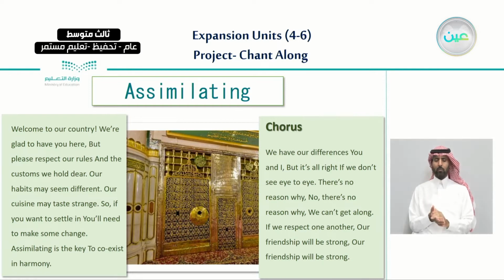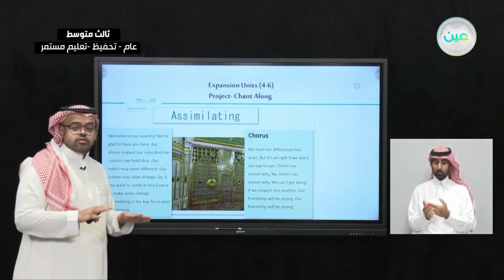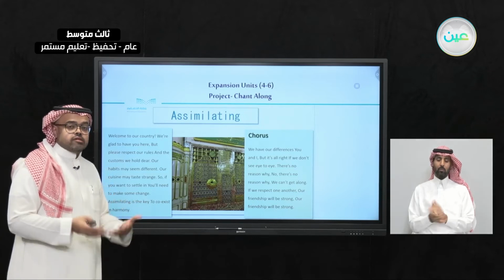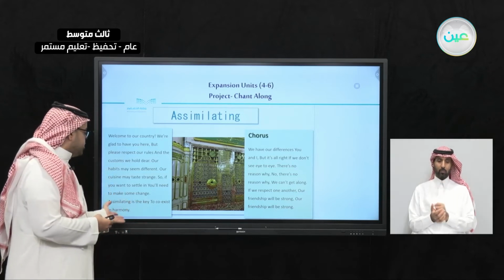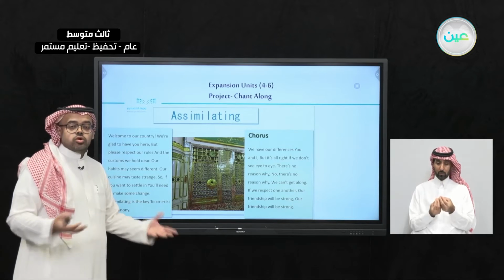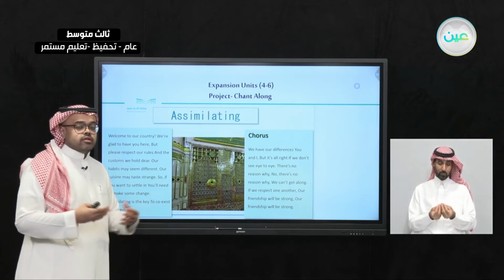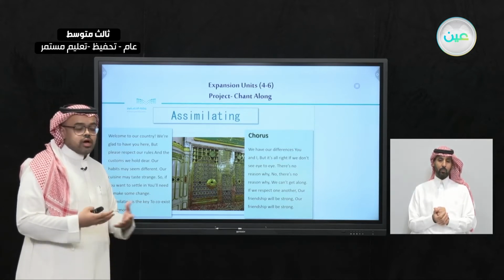As you have read, here in this chant, someone is presenting his customs and traditions, and also calling for others to respect his customs and to accept them as they are. He said assimilating is the key to coexist and to live in harmony.